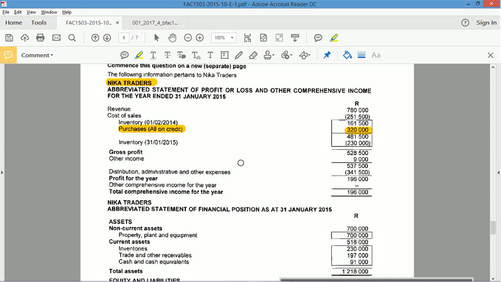Does a sole proprietor pay tax? Yes, in their personal capacity. Will the business pay tax? No, it won't. Okay, because the business and the owner are one and the same. It's a sole proprietor. Okay, so this line item, profit for the year, is the profit before tax for a sole proprietor.